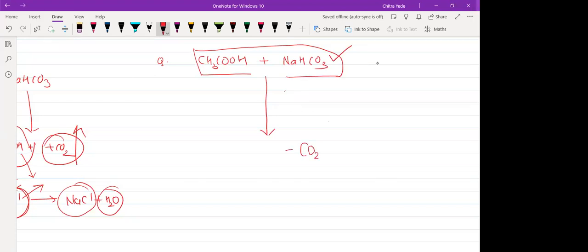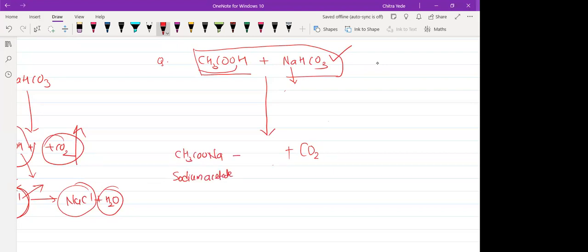We already went through that, right? Now here we have sodium, and that part is going to form sodium acetate, CH3COONa, and it is a salt. So it is sodium acetate.